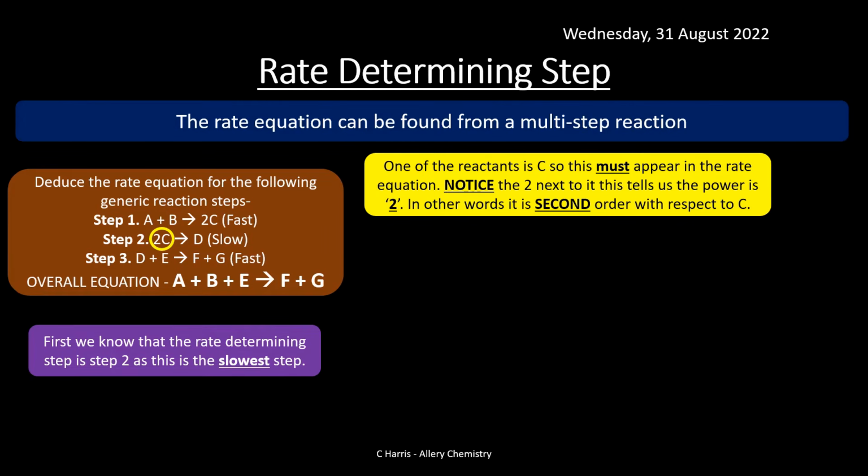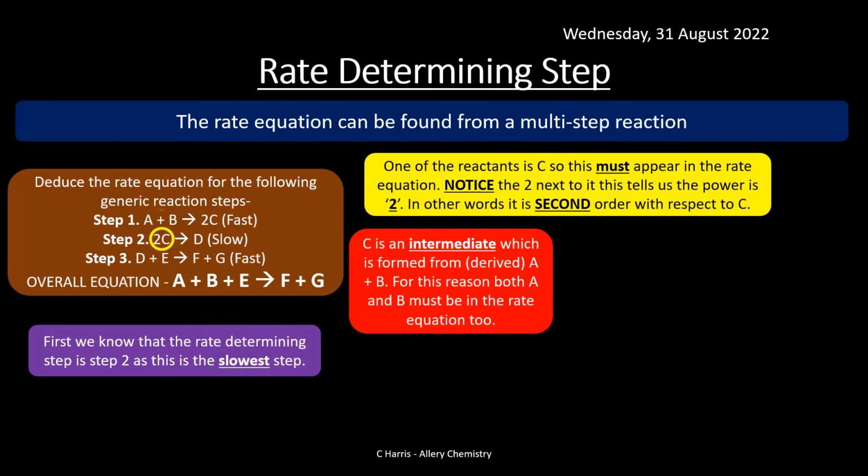So we know we can do this with multi-step reactions. C is an intermediate, and it is formed from A and B. For this reason, both A and B must be in the rate equation too, because we wouldn't have C in the first place if it wasn't for A and B. So clearly A and B will have an impact on the overall rate.